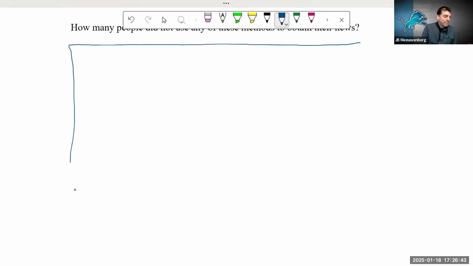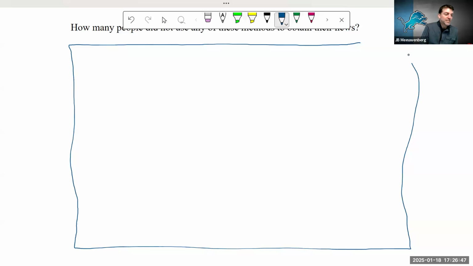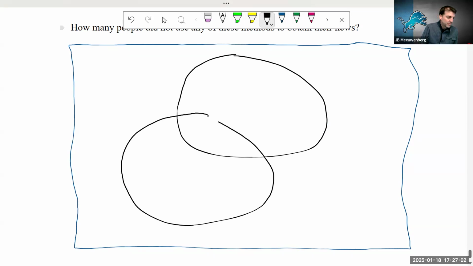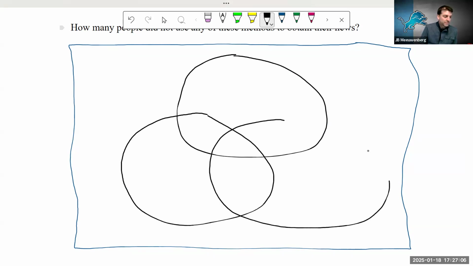So I'm going to start with our big universal set, because this involves some calculations, all right? So this is our universal set, and then we're going to have three overlapping circles. Three overlapping circles. That's a pretty good drawing, I think.